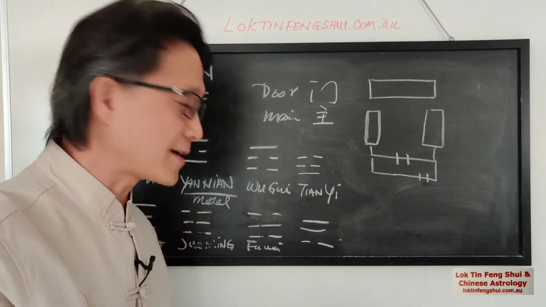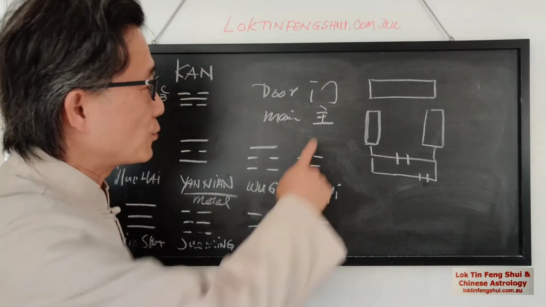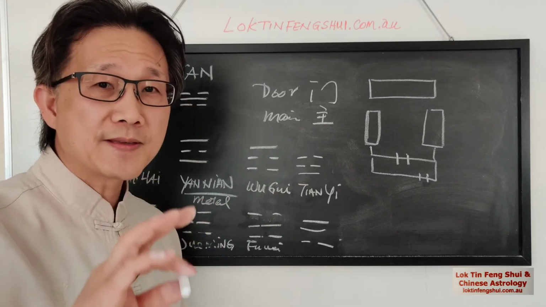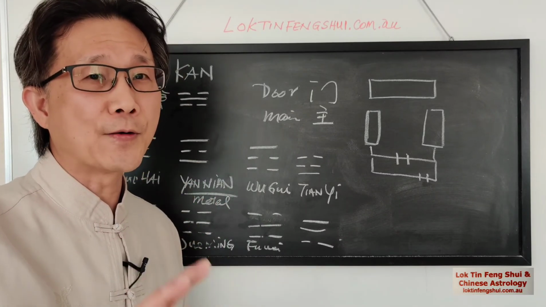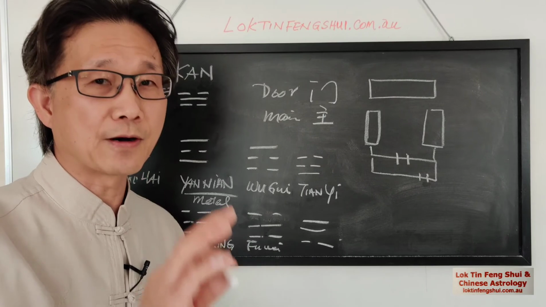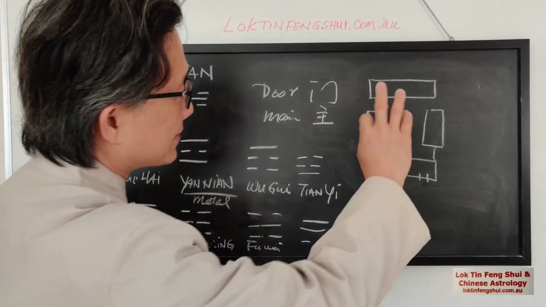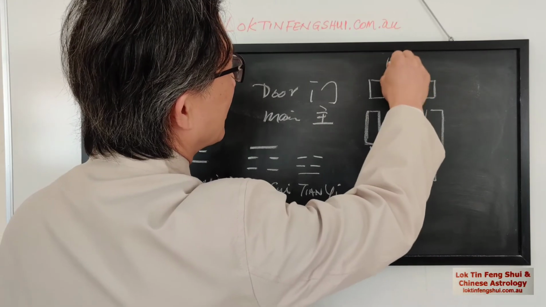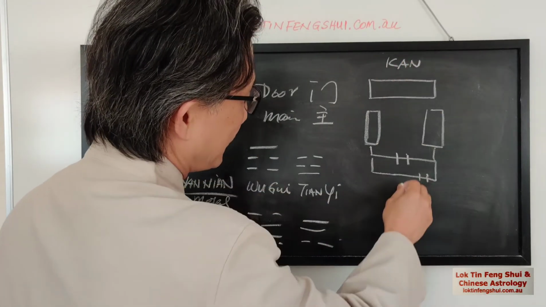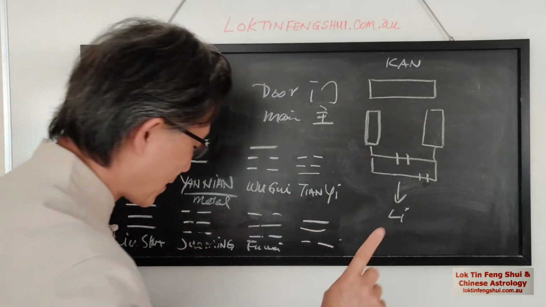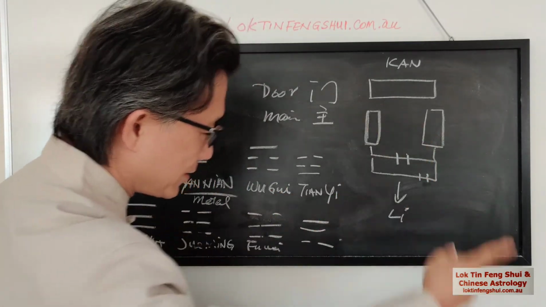Some say it's the owner, Ju Yang, the owner, but it actually means the main part of the configuration of this Feng Shui. For example, let's say this one is sitting Kan Gua, and facing Li Gua. And why do they work this way?